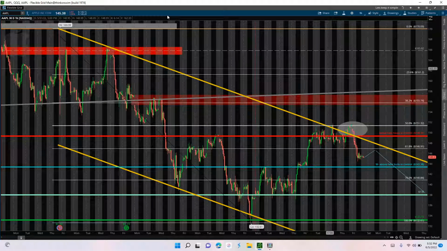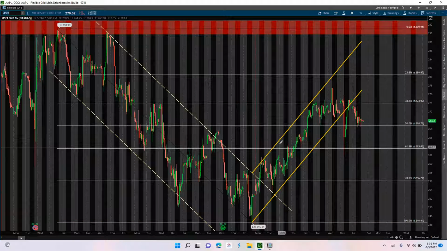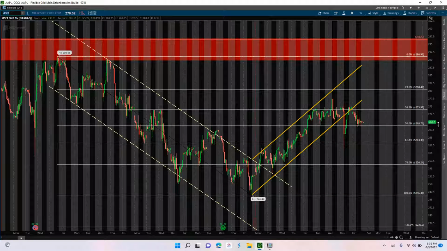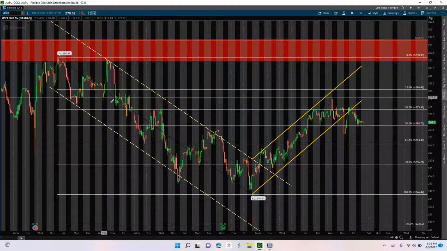Now let's go to Microsoft. Now Microsoft, same thing. It was trending down. We broke out. Now on a downtrend, this will be considered a bear flag. Just like SPY and QQQ has it, this will be considered a bear flag.